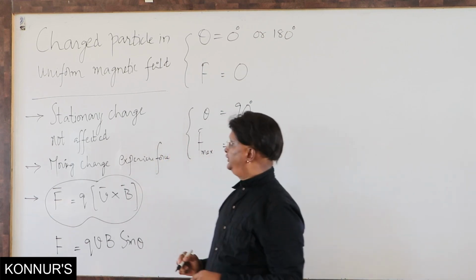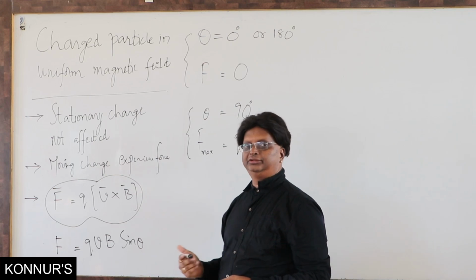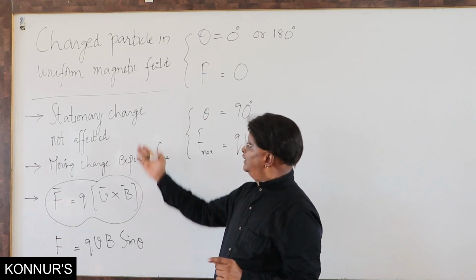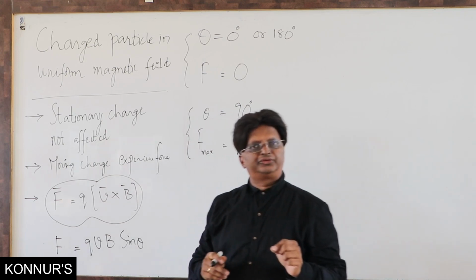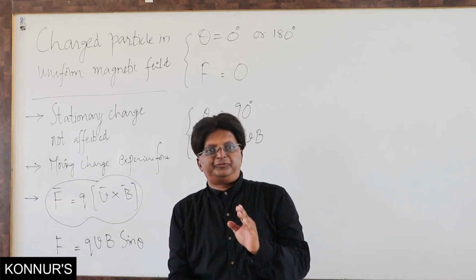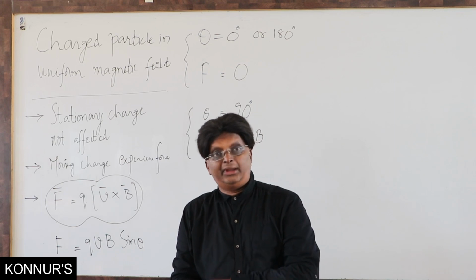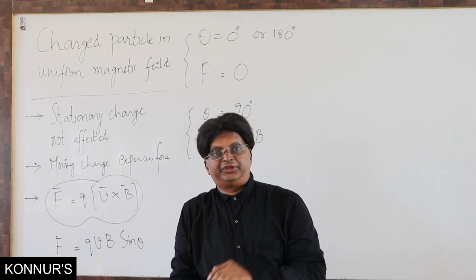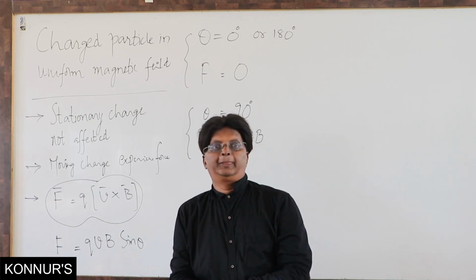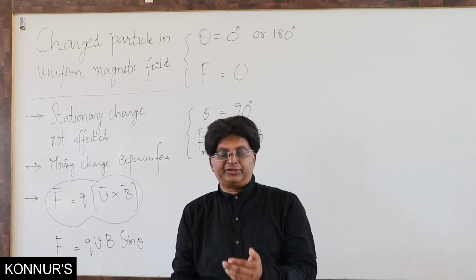One more important point. So we have the magnitude and direction. Now another important point is that this force is only a deflecting force. Magnetic force on a charged particle is a deflecting force. What is meant by that? It changes only the direction of velocity but not the magnitude. Because a force can do two jobs.